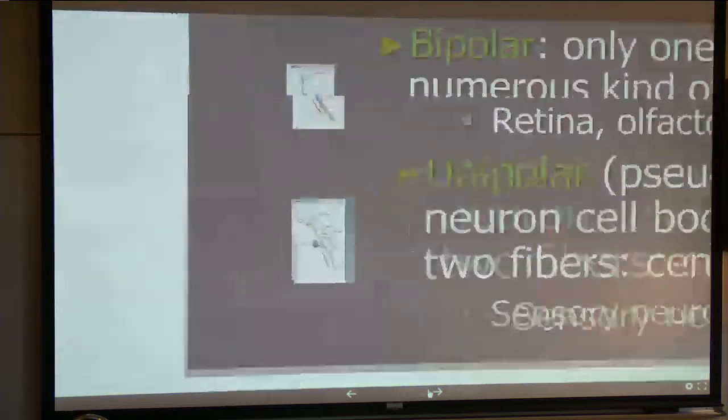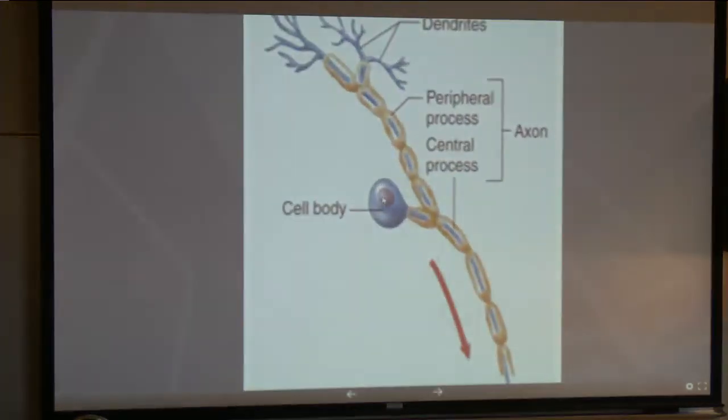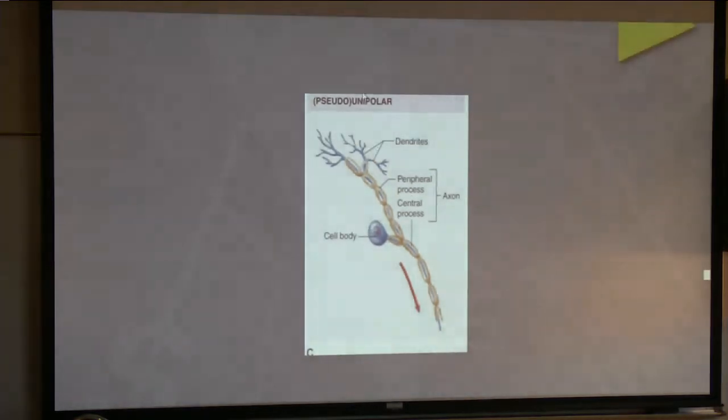So if we look at a picture, here's our cell body. Here's just 1 branch coming off the cell body. Then it splits. Our axon would carry information this way. Our dendrites would carry information this way. But bottom line, if there's only 1 extension, that's going to be your unipolar.